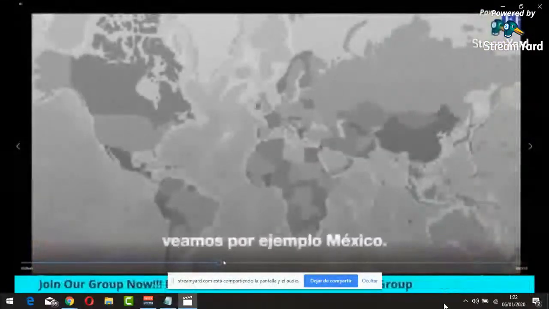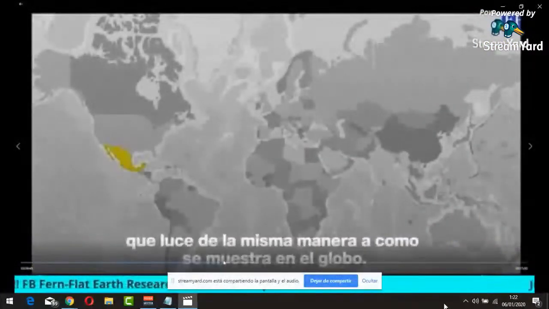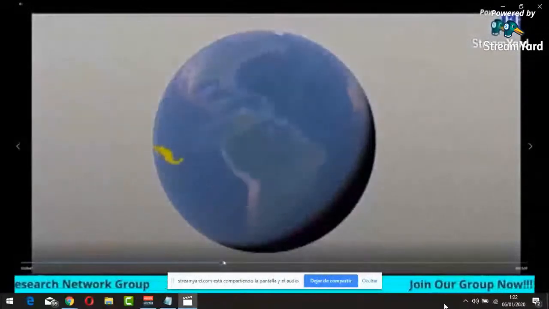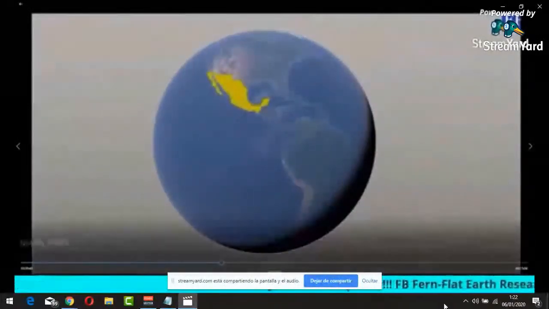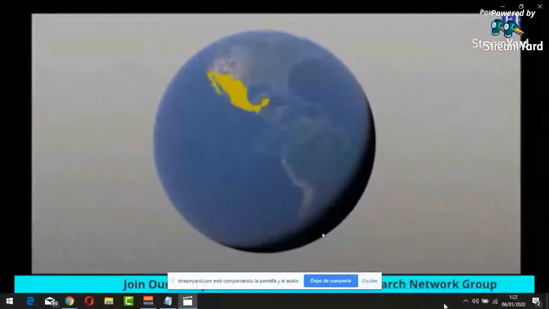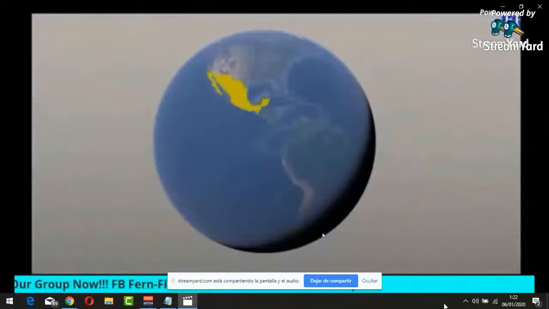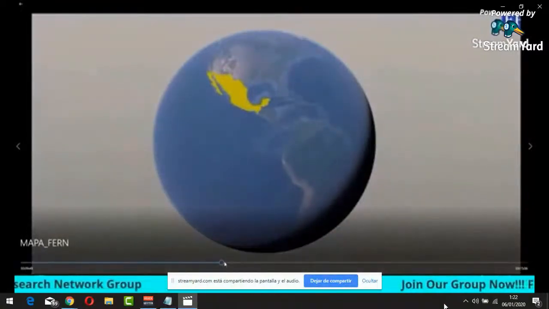Mercator is the base of the maps that we have today, and all the maps of the world are based on Mercator. That is very strange, because 500 years ago they found something like the real view of the world. It is very difficult to believe.